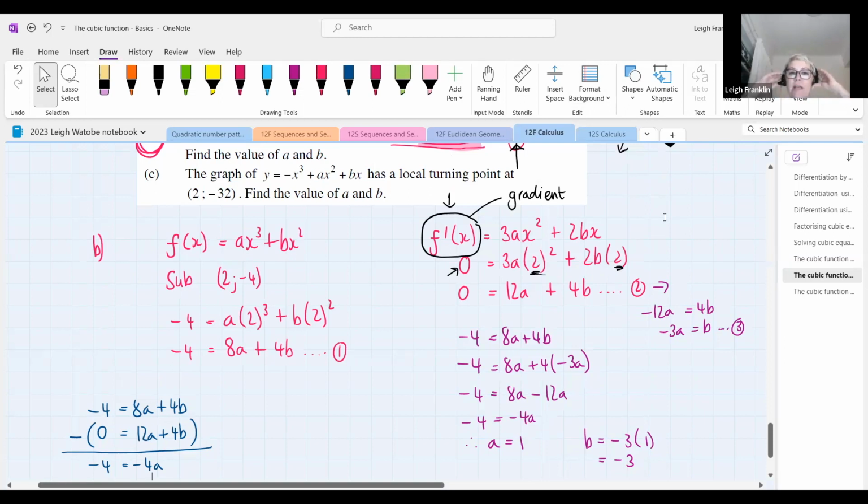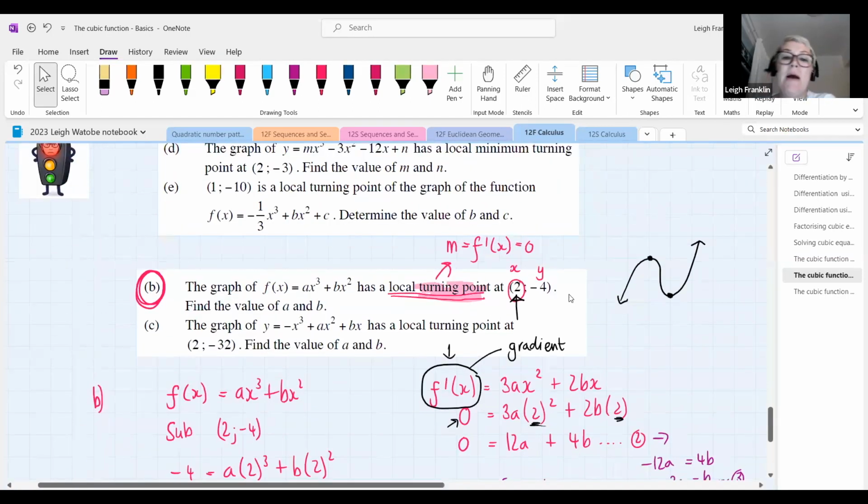Absolutely, because they have told you that it's a turning point, that's how you know that you've got to use the derivative. Okay, because the gradient at the turning point is 0. If they didn't tell us that 2 and minus 4 was a turning point, we wouldn't have enough information to be able to answer this question. It's only because it's also a turning point that we're able to do this. Okay.